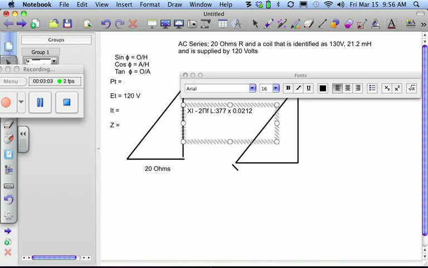2 pi FL. Now wait a minute, I've got to go get my calculator.